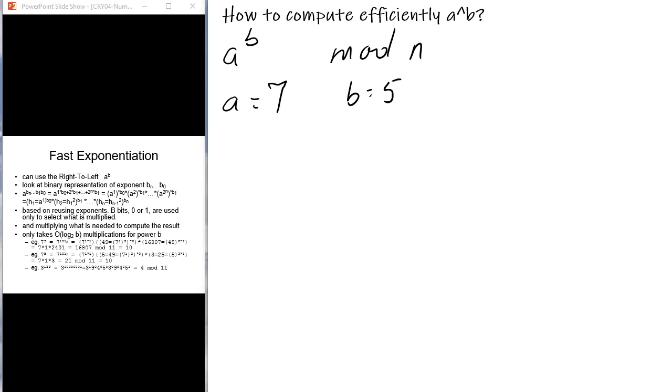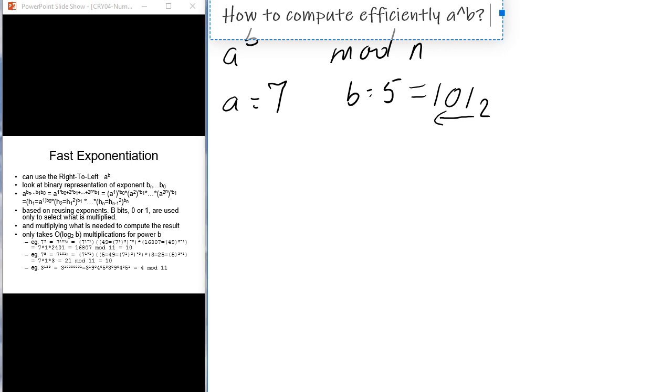We are going to represent the exponent 5 using the binary representation, which is 1001 in base 2, and we call it the right to left algorithm because you are going to look at this binary representation of the exponent 5 from right to left.